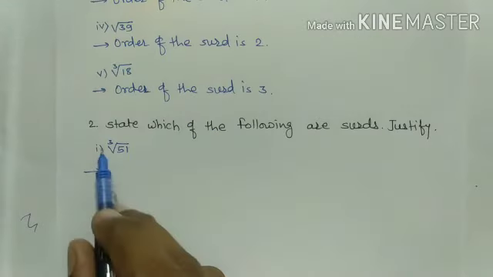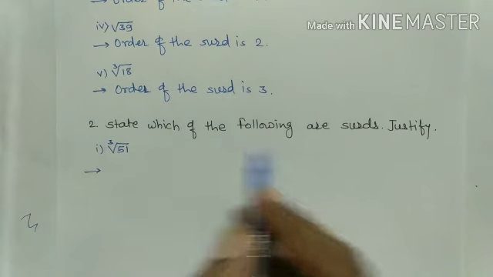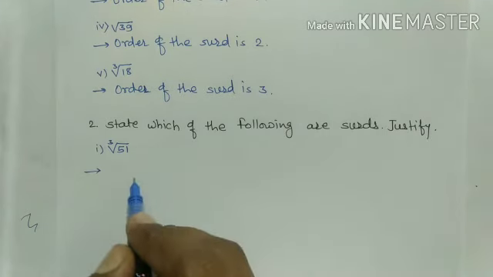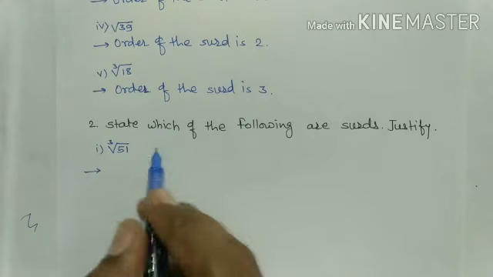Now the second question is, state which of the following are surds and justify. आता इथं प्रत्येकाला आपण सेपरेट आन्सर लिहिणार आहोत आणि ते जस्टिफिकेशन लिहिणार आहोत.